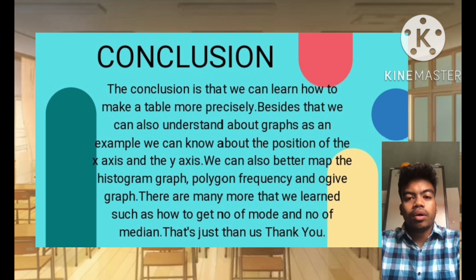We can also better make the histogram graph, frequency polygon, and ogive graph. There are many more things we learn, such as how to get the mode and the median. That's all from us, and thank you.